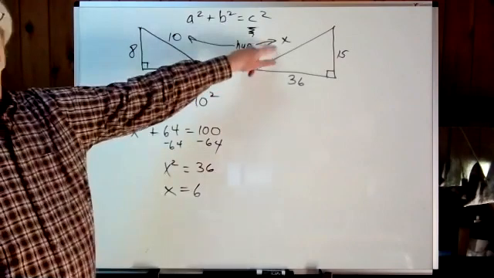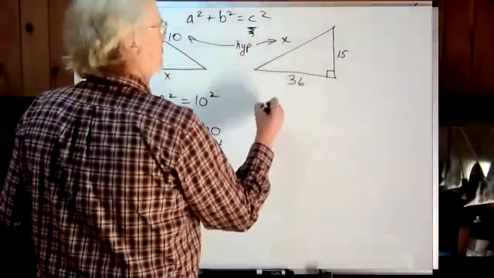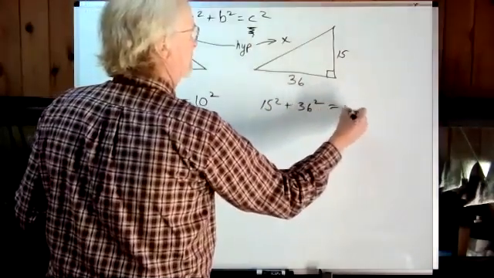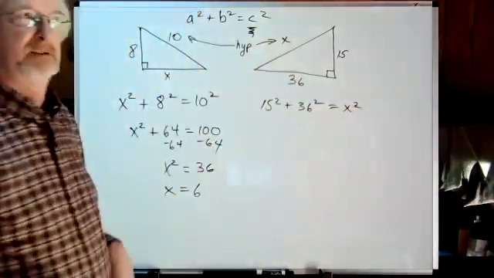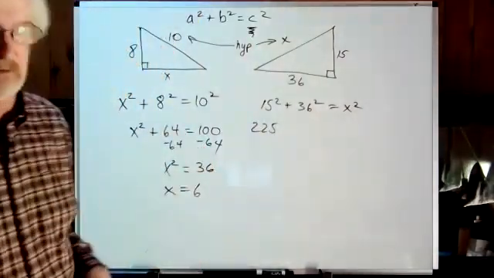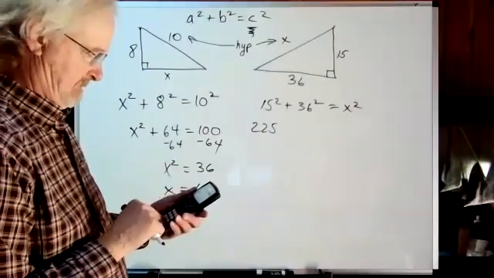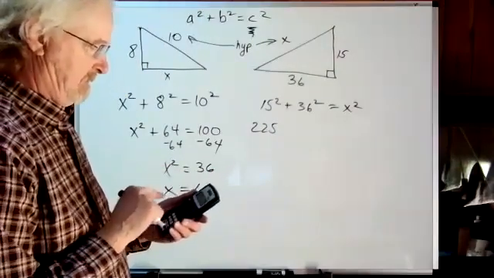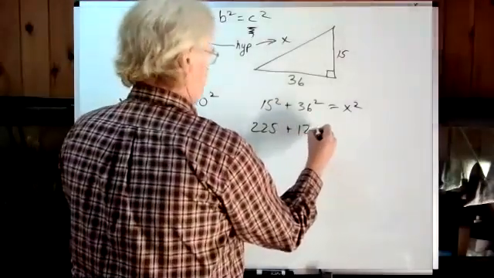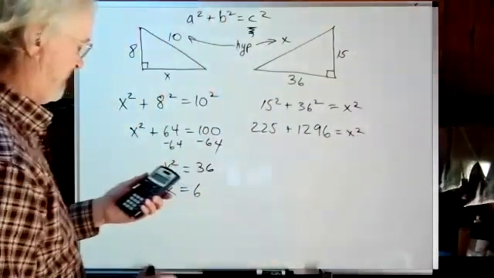Here I am looking for the hypotenuse. So that's the one that's all alone. So 15 squared plus 36 squared equals x squared. Big numbers. I could use my calculator, definitely. I know that one, but I don't know what 36 squared is. 1296. All right.